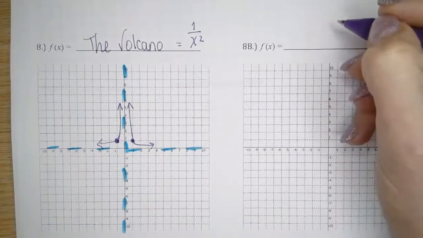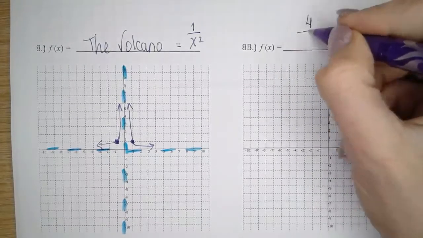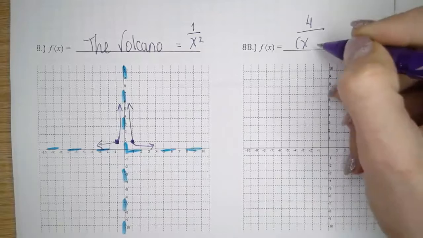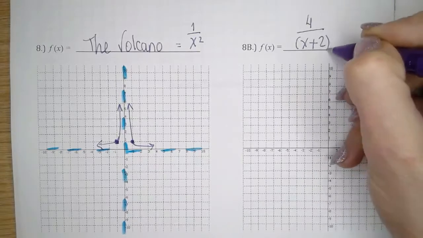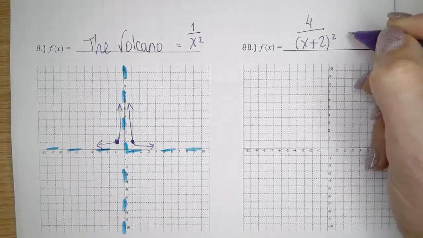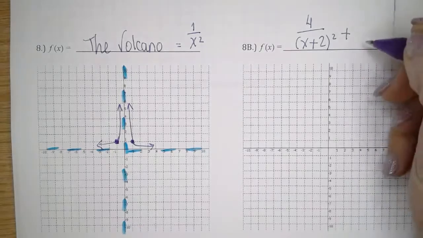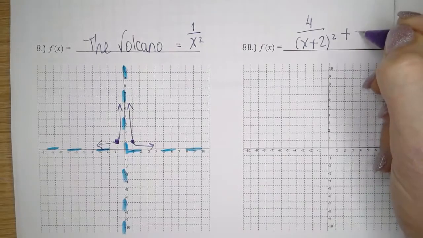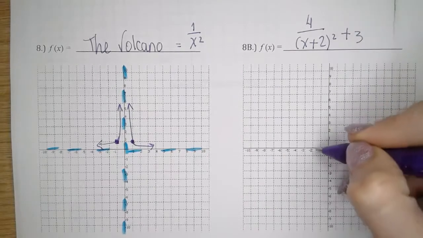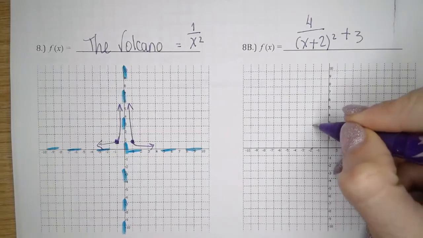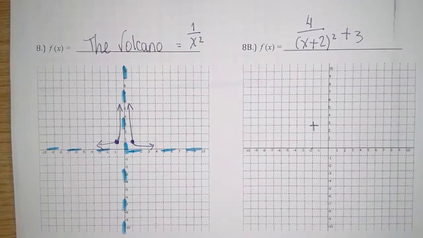So what if I had 4 over x plus 2 squared, plus 3? Left 2, up 3. That's going to be where my asymptotes meet.